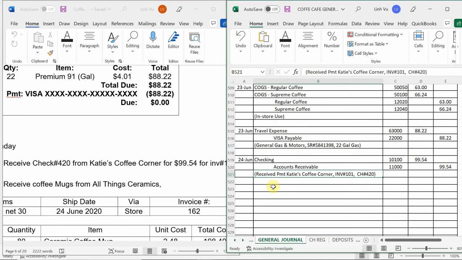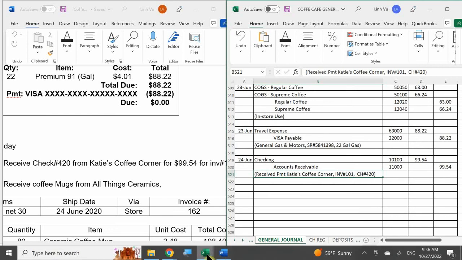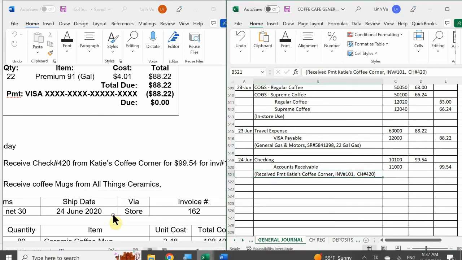What's next? We still have two more things to do. Do we go into checking? No, we didn't update our ledger, right? We need the money.